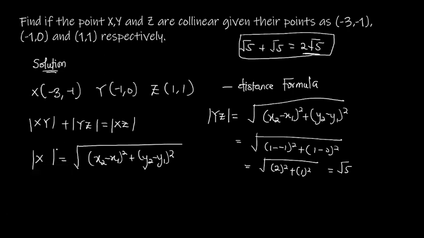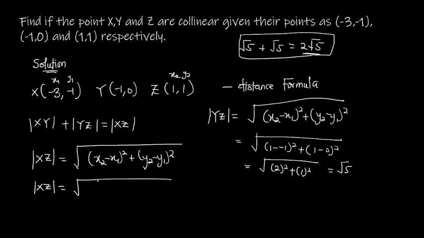Okay, so the distance xz will also be equal to the root of (x2 minus x1) squared plus (y2 minus y1) squared. Because my x is the first point over here, the coordinates here become my x1, y1, and because the second point is z, this becomes my x2, y2.